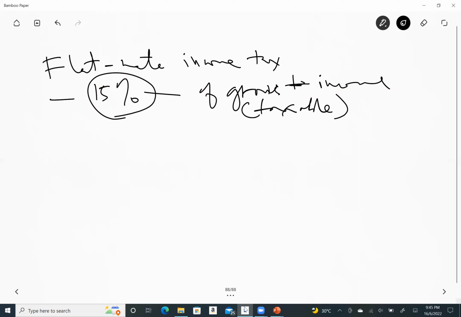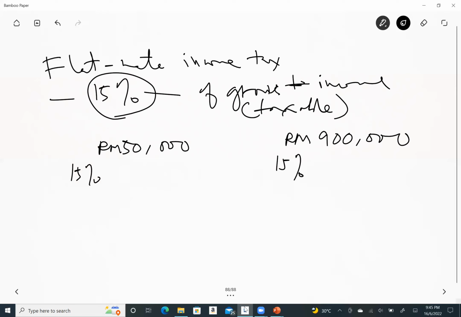Why? Because if one person is earning 50,000 ringgit a month, another person earning 900,000 a month, 15% here, 15% there.